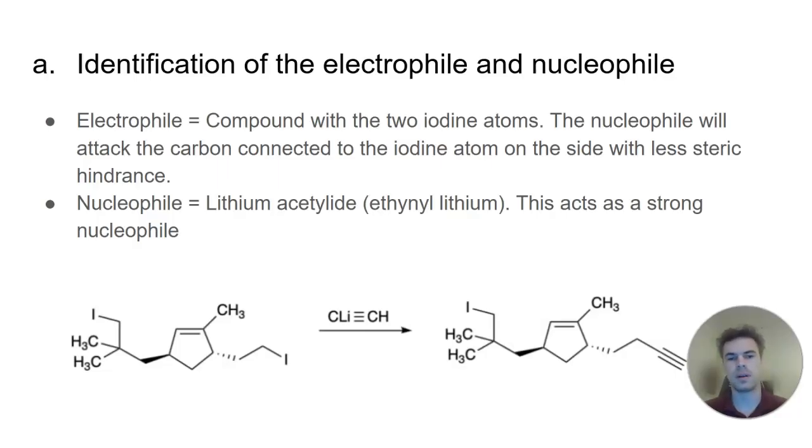And then also the respective nucleophilicity between the leaving group, which would be the iodine in the electrophile's case, and the triple bonded acetylide compound. The acetylide compound is clearly more nucleophilic, and therefore the leaving group would indeed leave in this case.